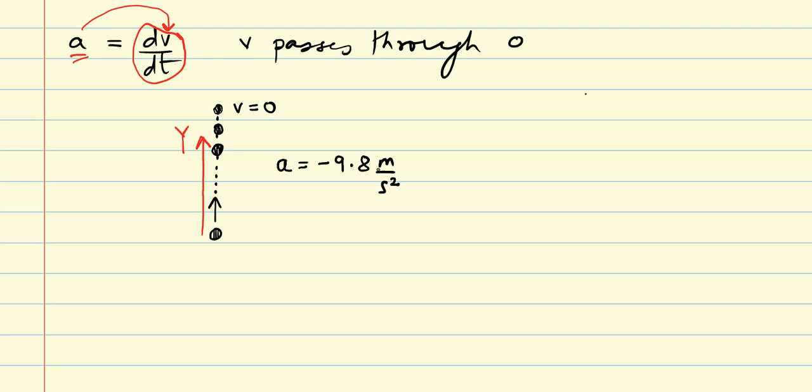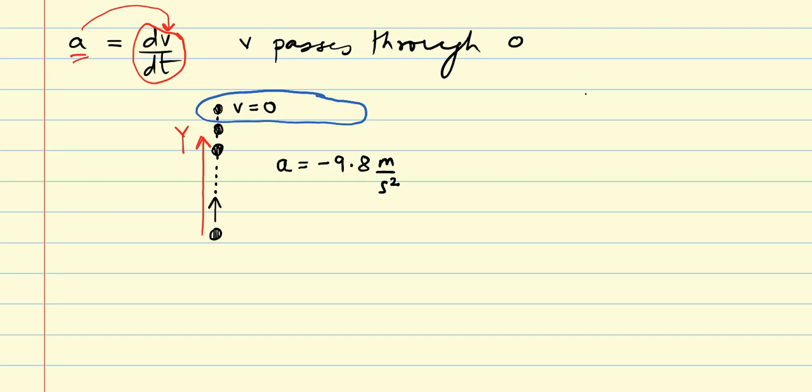In other words, it was 9.8 meters per second squared in the downward direction. Now this acceleration is valid even when the particle was at its topmost point, because the Earth's gravity is still acting on the particle at that instant.